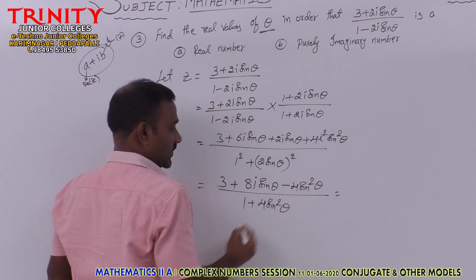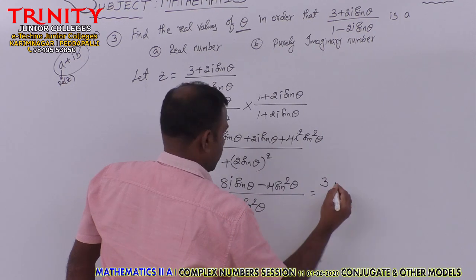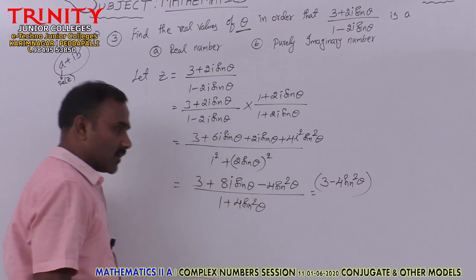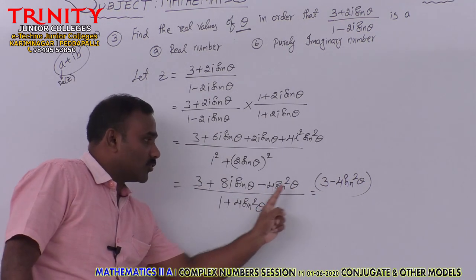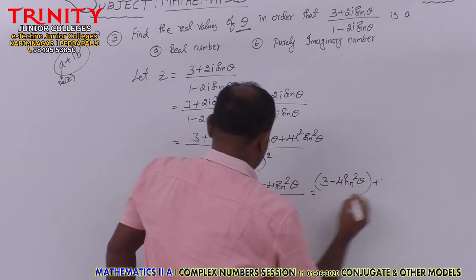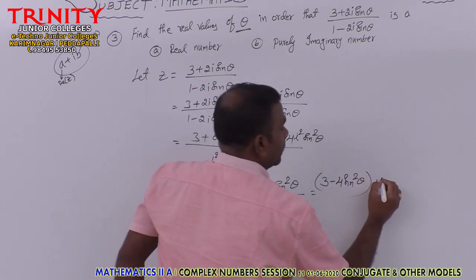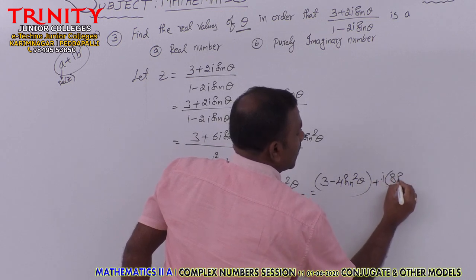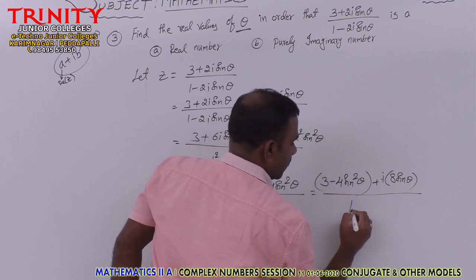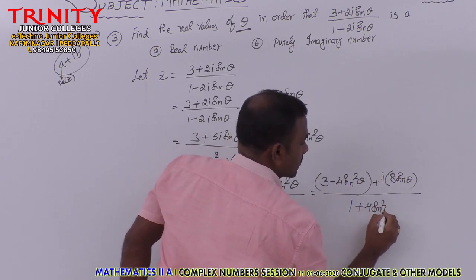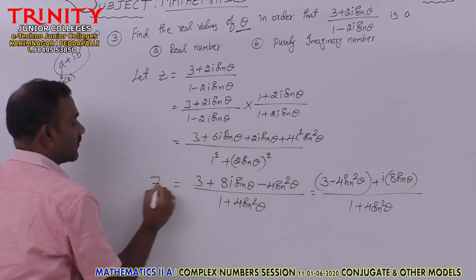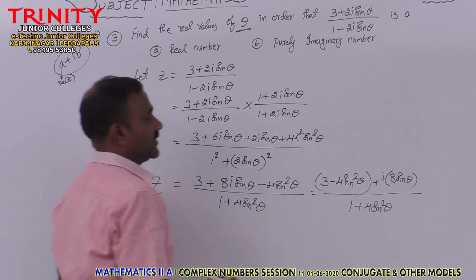Therefore, 3 minus 4 sin square theta is the real part, plus i into 8 sin theta, which is the imaginary part, divided by 1 plus 4 sin square theta. Now this is the simplified form of the complex number z.